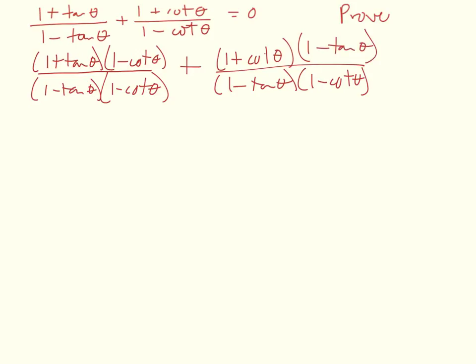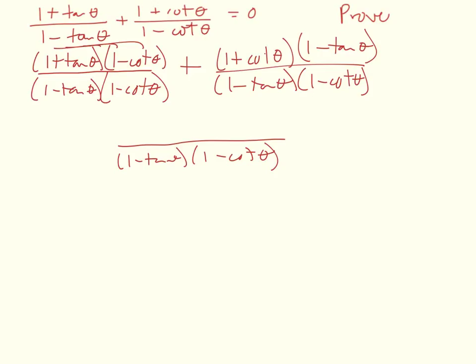Okay, so now I can write the top thing. Well, I can FOIL all of this stuff here. So let's do that all in one step. I'm going to put it over one denominator, 1 minus tan theta, 1 minus cotan theta. That's my denominator. Then on the top, I'm FOILing.